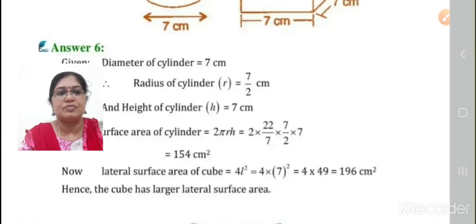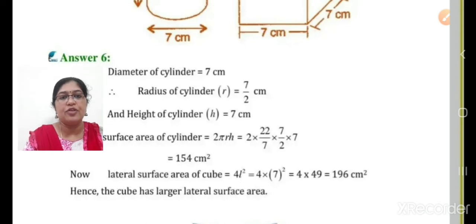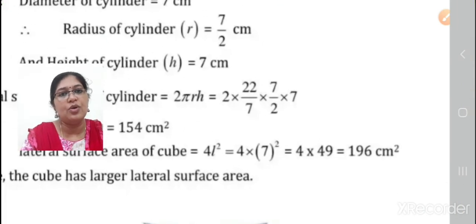Now the lateral surface area for the cube. In the cube all the sides are the same, that is 7. I explained how you got 4L square, so now substitute L equal to 7.